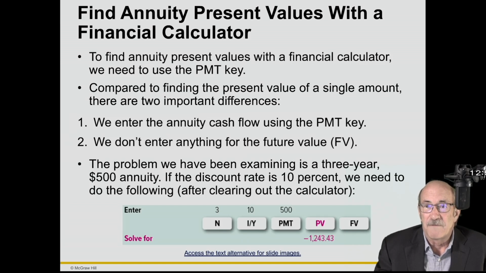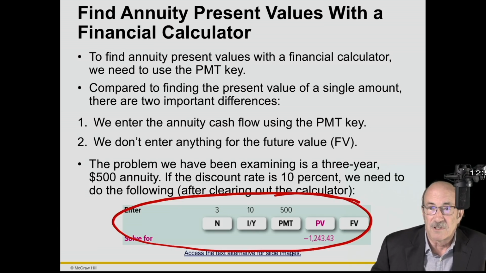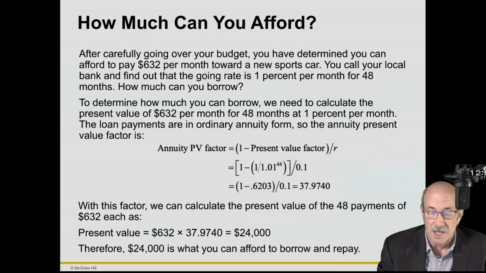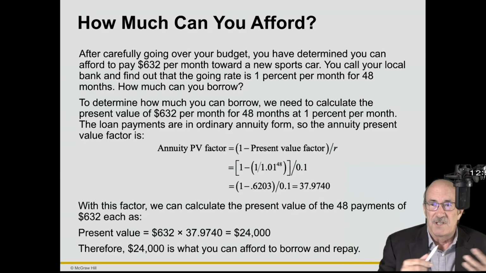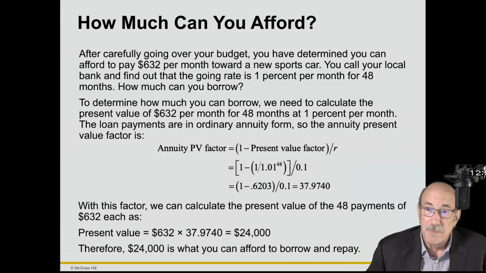Now, to find an annuity present value with the financial calculator, we've already gone through this, but you can walk through this slide again, with the same numbers we've been working with as an example, and practice that a little bit. Here's a bit of a different question. Instead of figuring out what the present value is, maybe we'd like to know what sort of car we might be able to buy if we know that we can spend X dollars per month and we're going to get a loan on that.